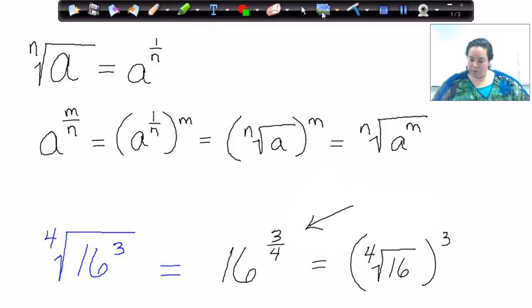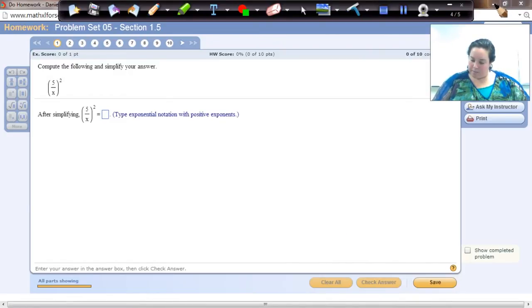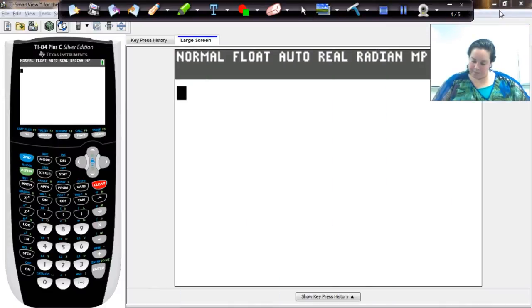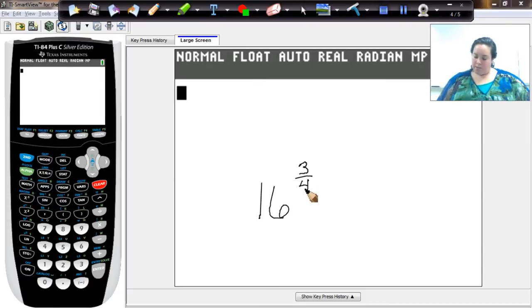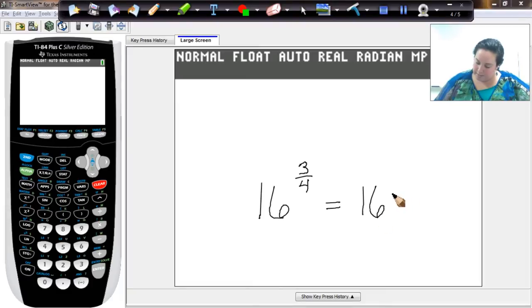So let's go ahead and try the calculator real quick. So we want to type in 16 to the 3/4. This is the version we'll use. And the way you do that is you type in 16 and then use the caret key and then parentheses 3 over 4.